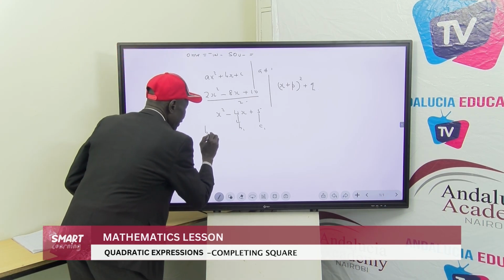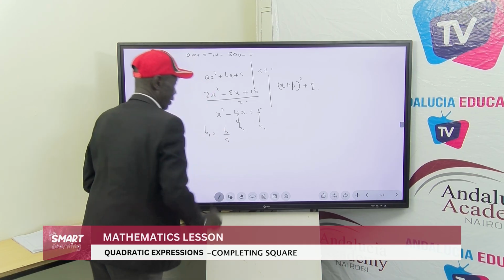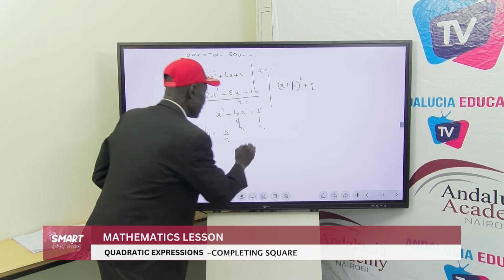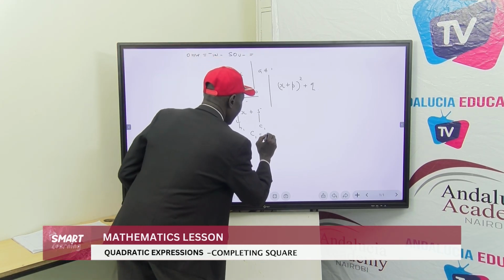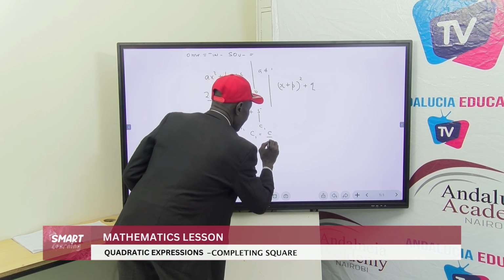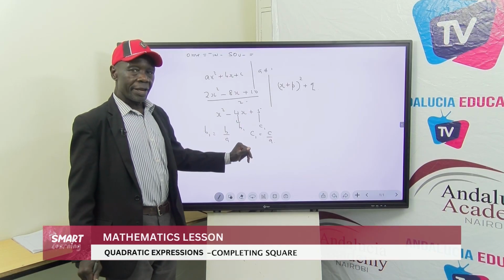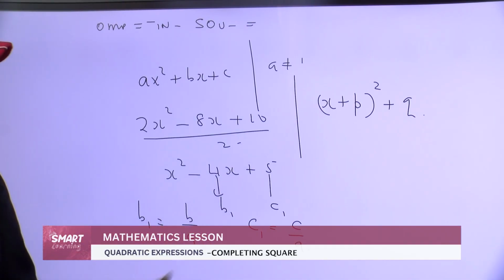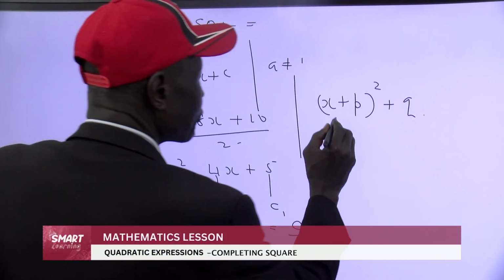My b1 is equal to the original b divided by a, and my c1 is the original c divided by a. Because our original c is 10, and our a is 2, 10 divided by 2 is 5. And our original b is negative 8, and negative 8 divided by 2 is negative 4.